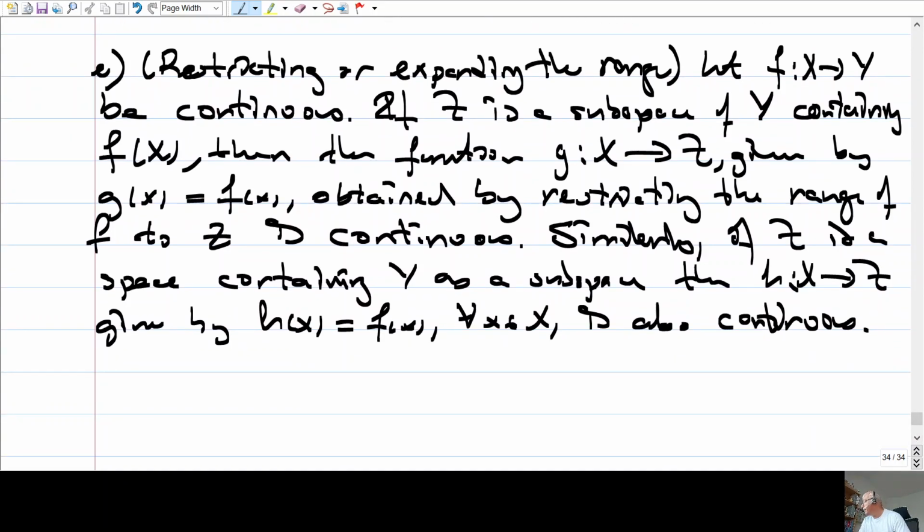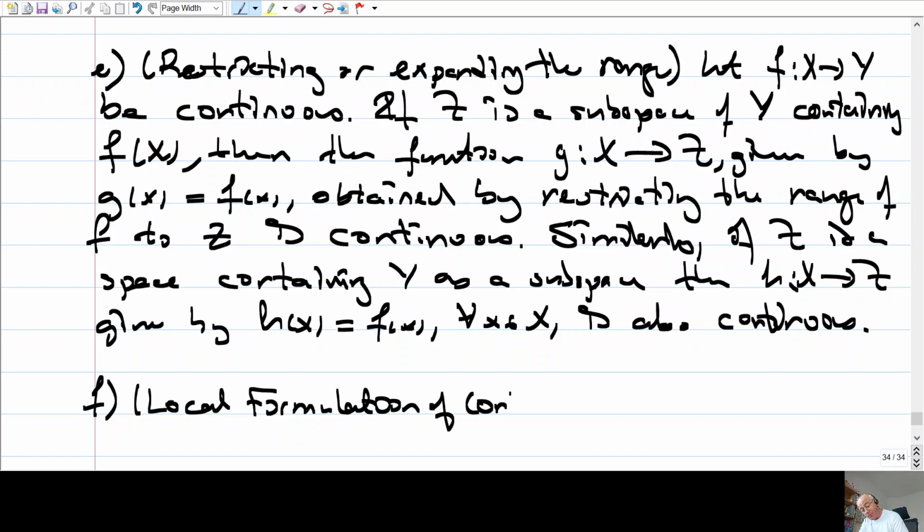And finally, local formulation of continuity. This is really important.